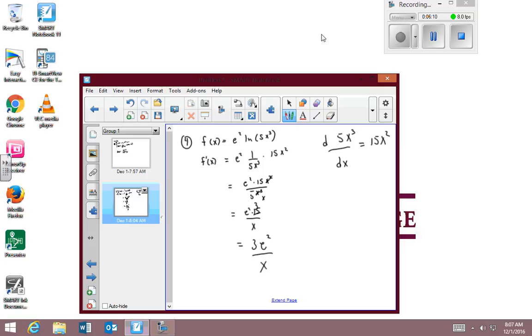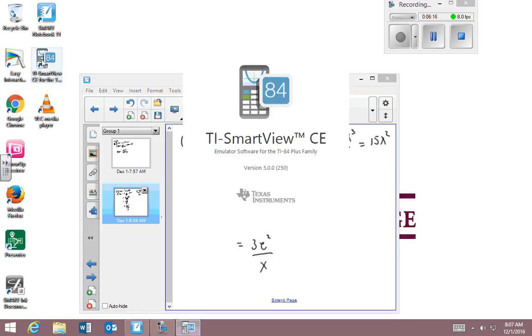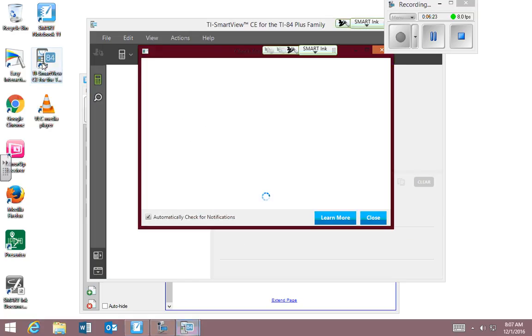Okay. So you could get an approximation of that, 3 times e squared.